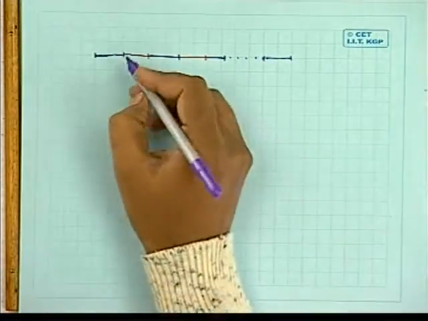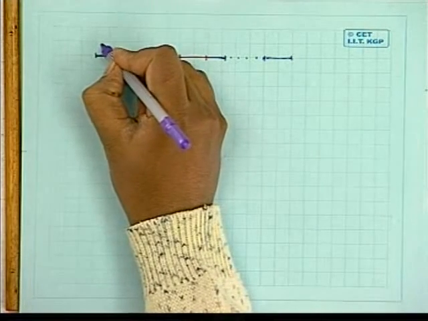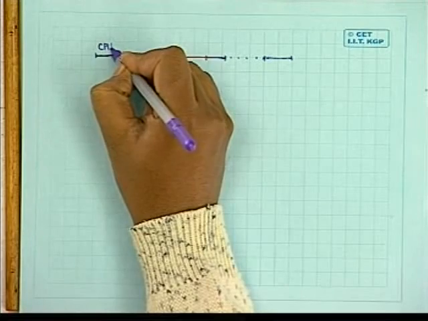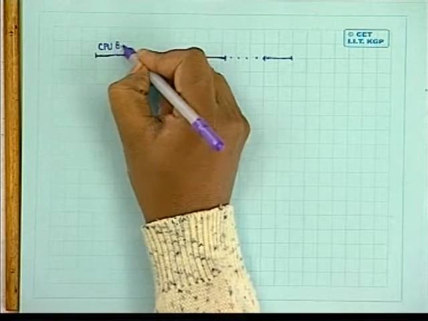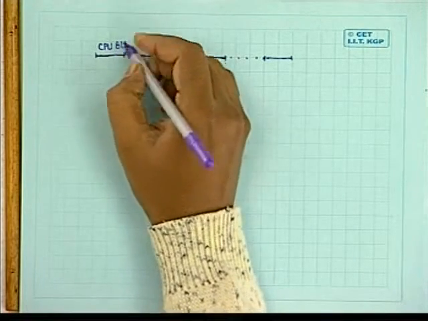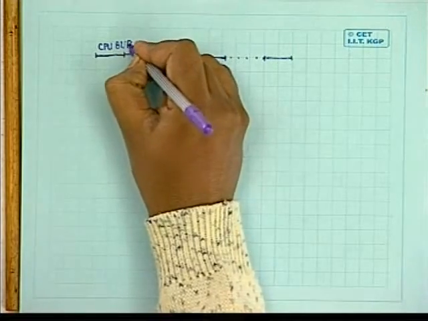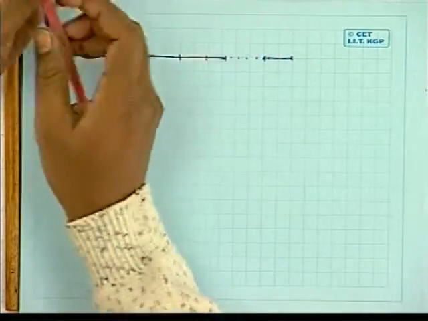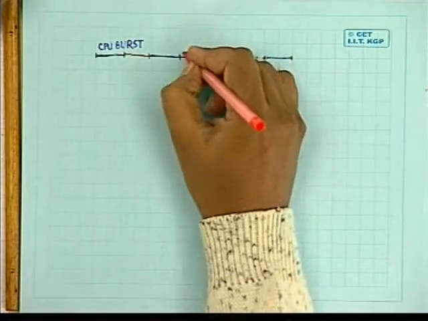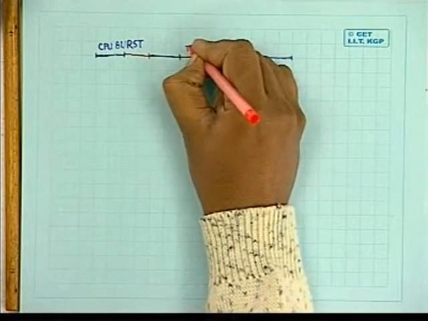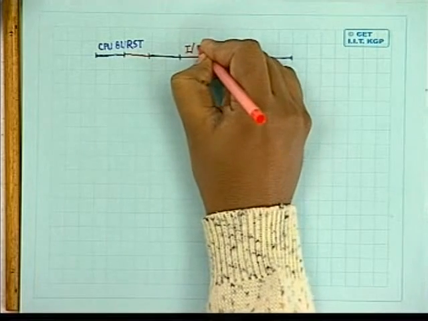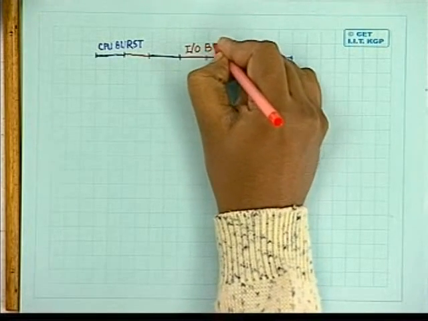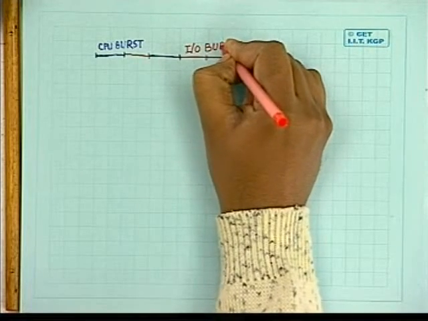So all these green intervals, let us call them CPU bursts. And all the red intervals, let us call them IO bursts, because this is the time during which the program is performing some IO operation.